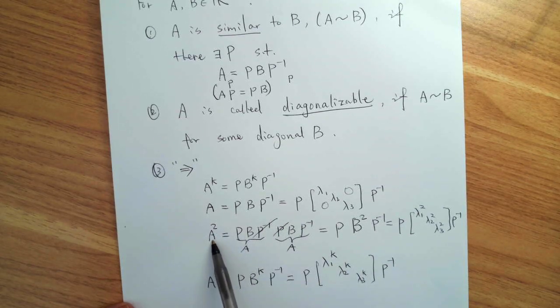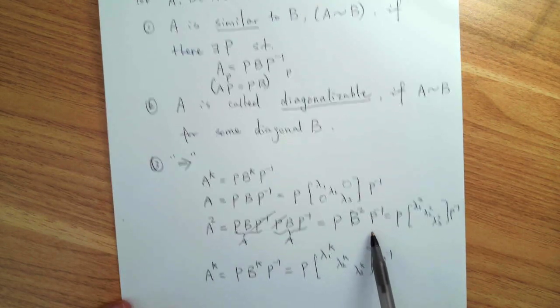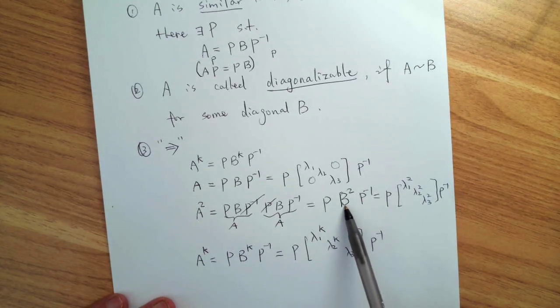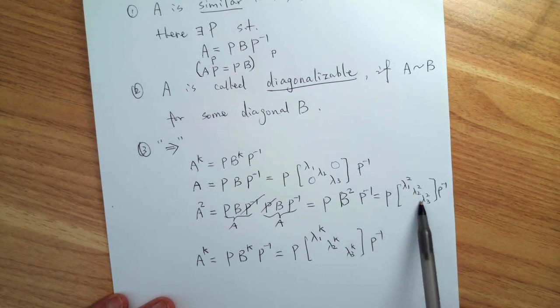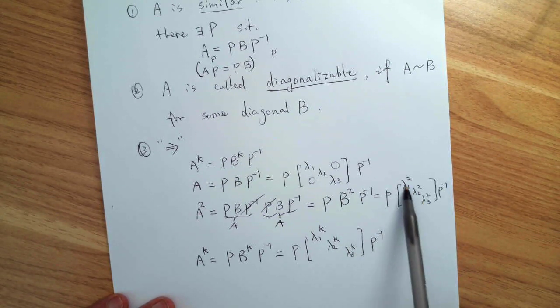diagonalizability. And A squared, if you write P B P inverse twice, then the P inverse P in between cancel each other. So we have P B squared P inverse. And it is easier to compute the power of a diagonal matrix. So this is just the square of the diagonal entries.